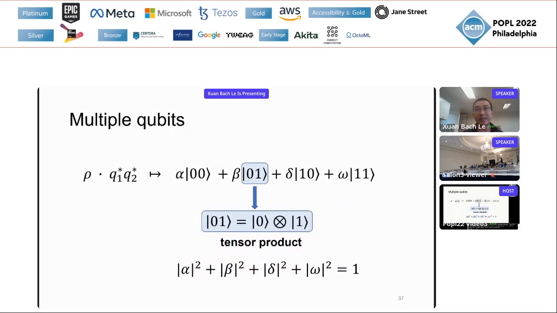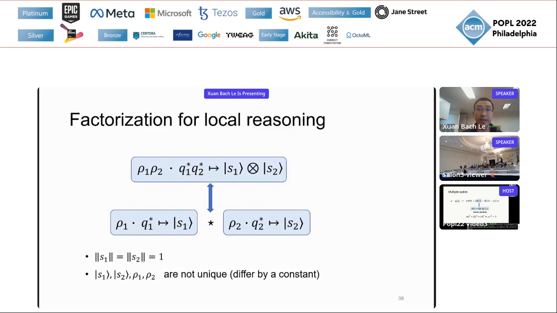Here is an example of how we represent the combined state of multiple qubits, or more precisely, 2 qubits. Technically speaking, the combined state is just a normalized vector in the tensor space. The 0, 1 here is actually a shortcut for 0 tensor 1.